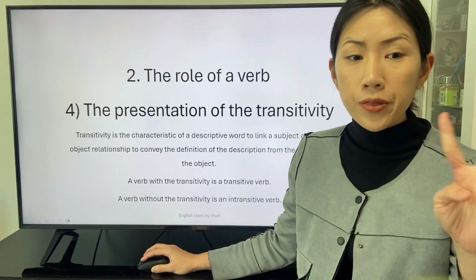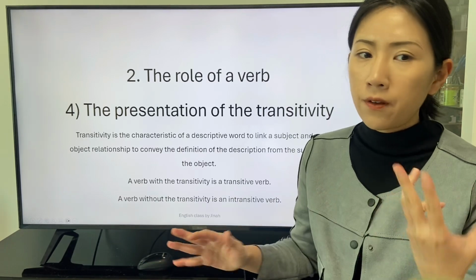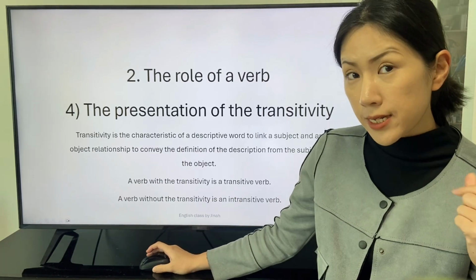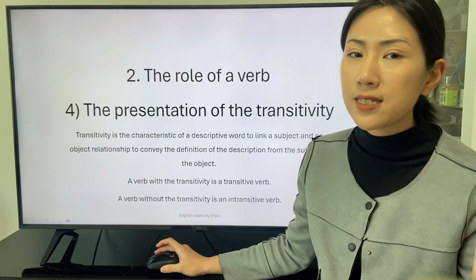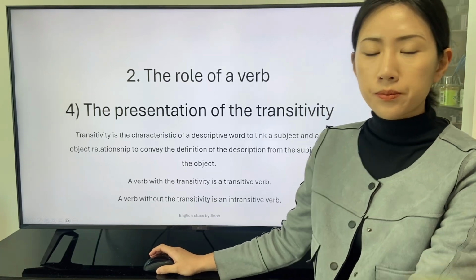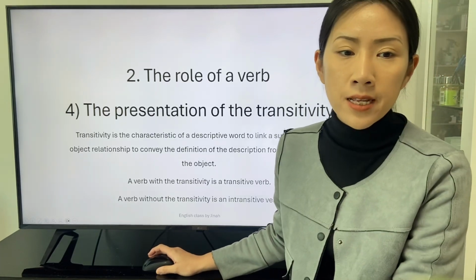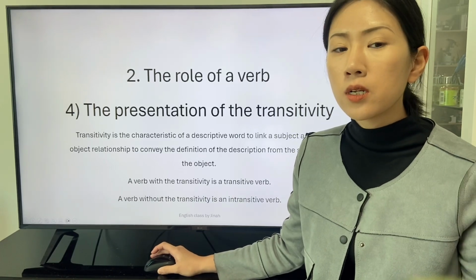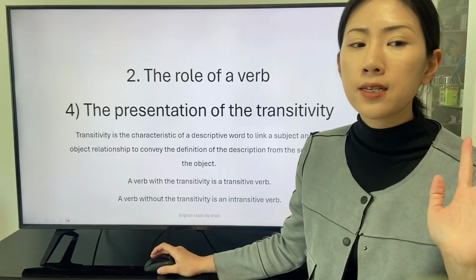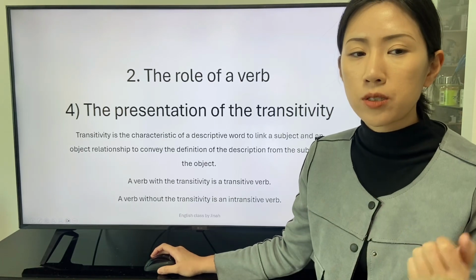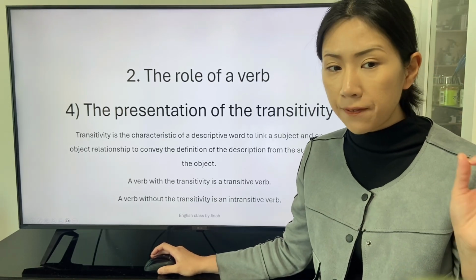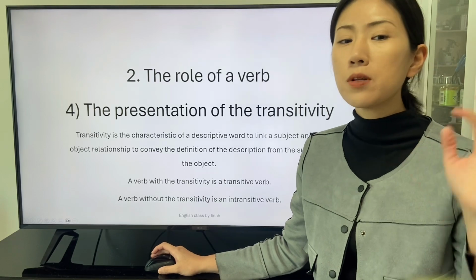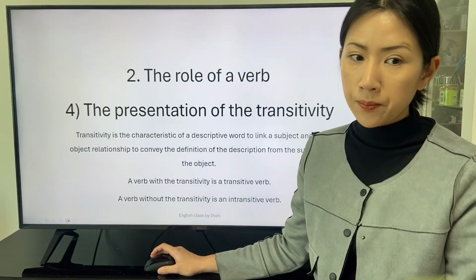The fourth role of a verb is presenting the transitivity. Transitivity is the characteristic of a descriptive word to link a subject and an object relationship to convey the definition of the description from the subject to the object.